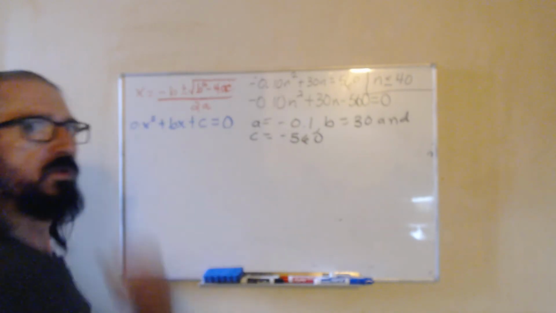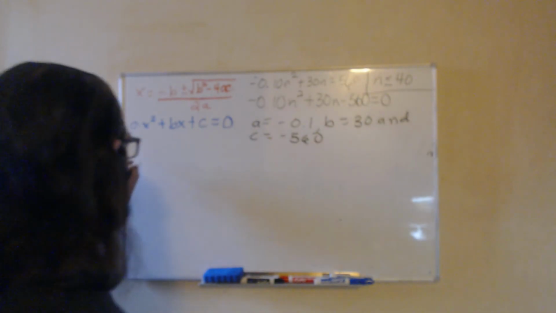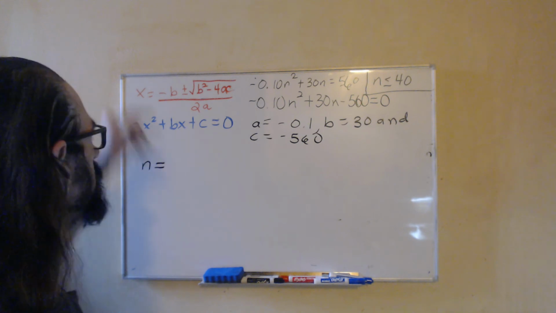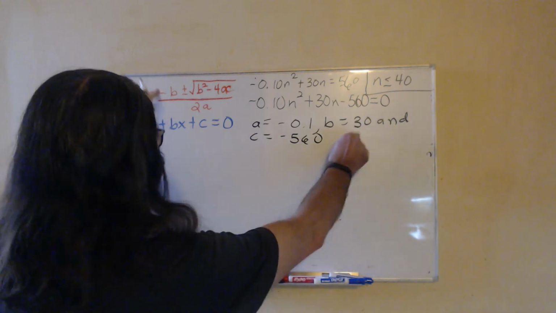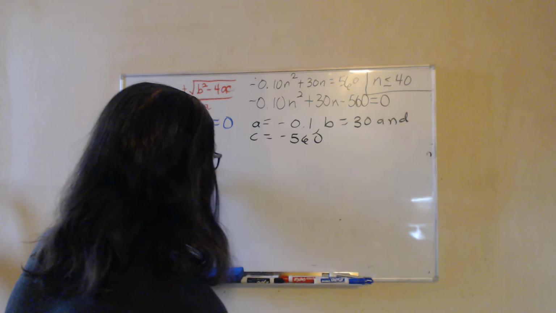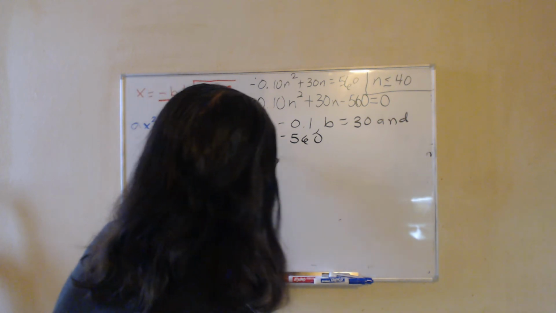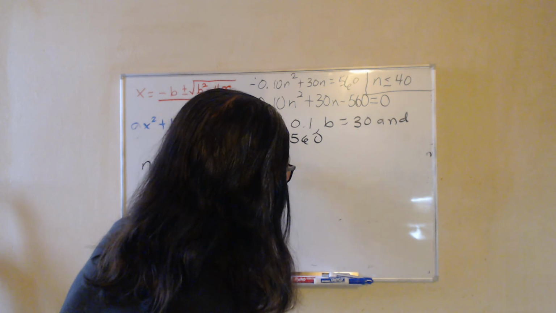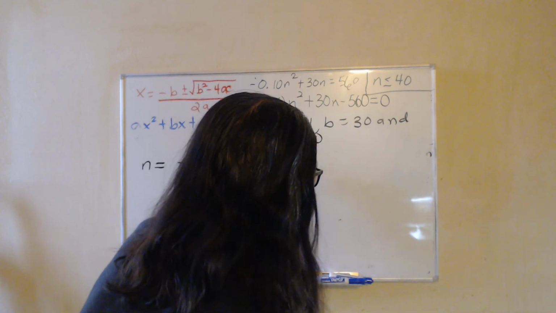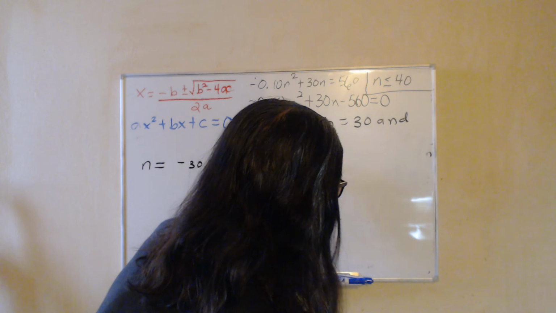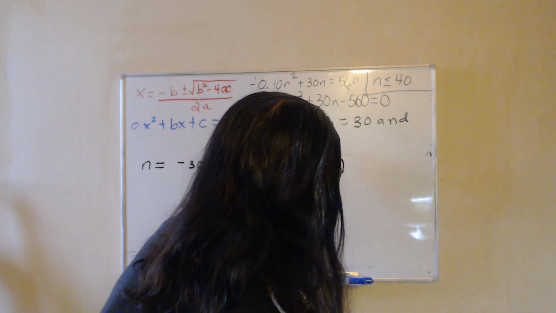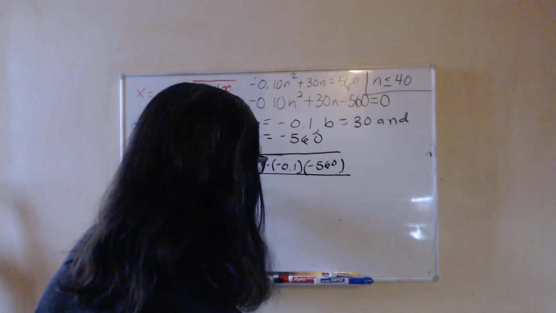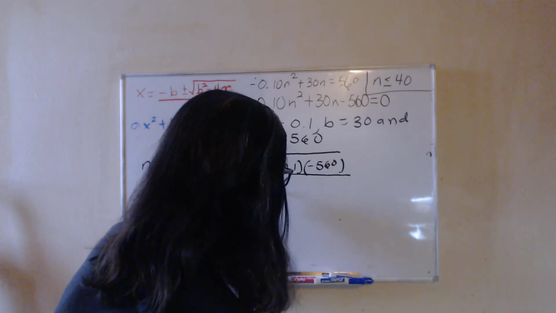So plugging those into the quadratic formula this time, the variable is N, so N equals, instead of X equals, we've got -30 plus or minus 30 squared minus 4 times -0.01 times -560, all over 2 times negative 0.1.